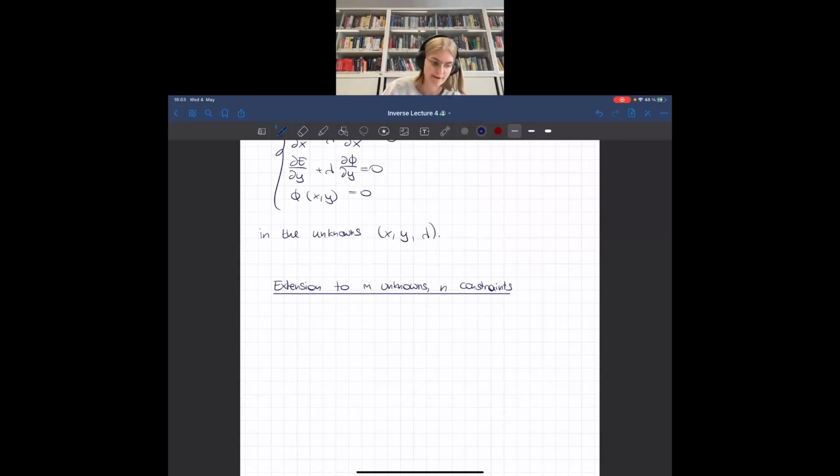So suppose we have m unknowns, and constraints phi of i with i from 1 to n. So back to the original dimensions.